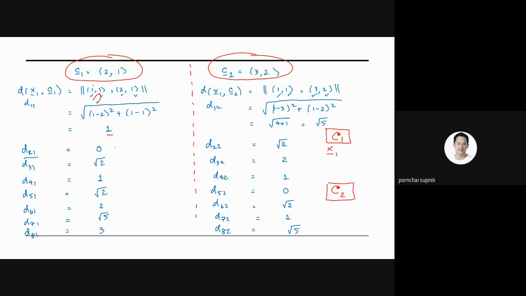How about data point 2? Should it be in cluster 1 or cluster 2? You can read into the data points you worked out earlier. Data point 2 is closer to cluster 1 than cluster 2, so I write x2 here.